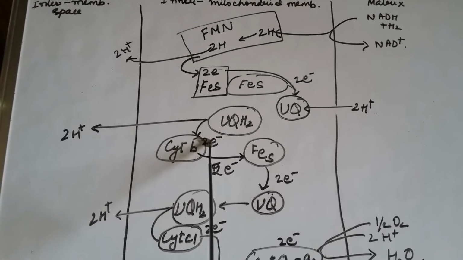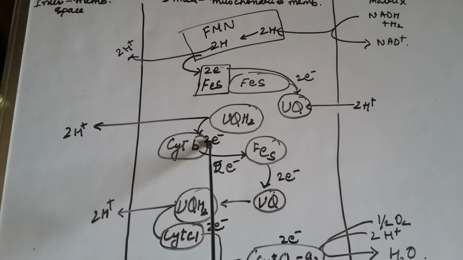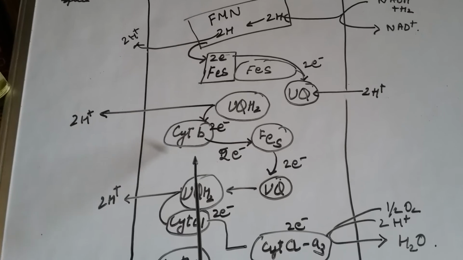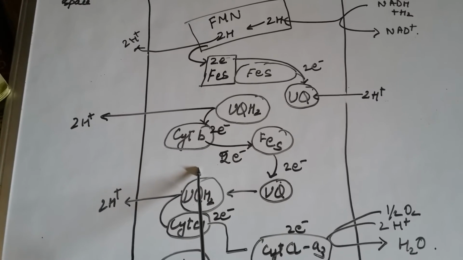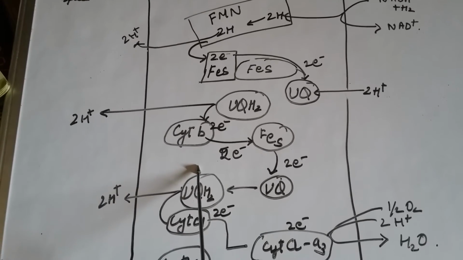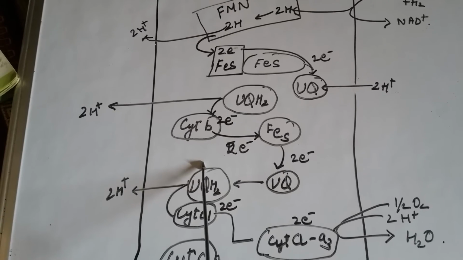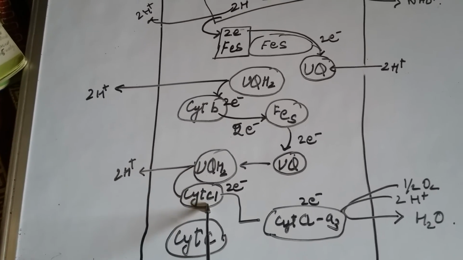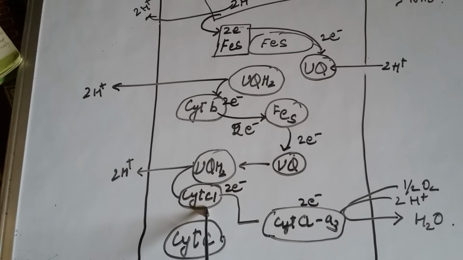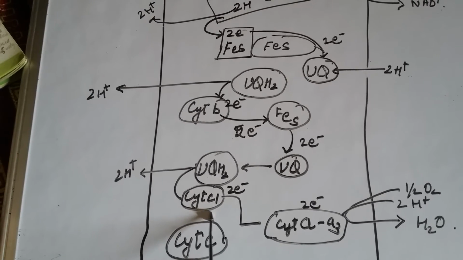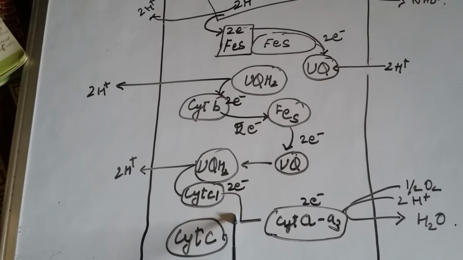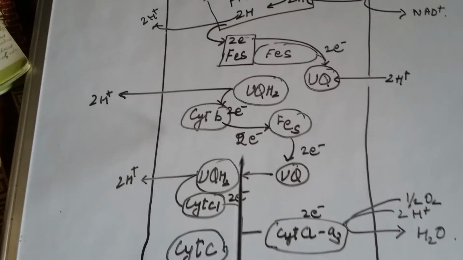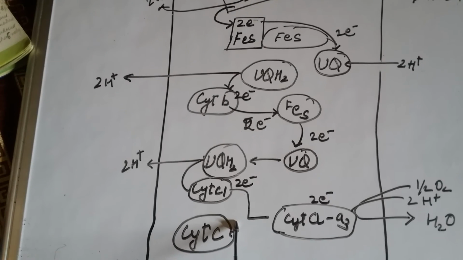Now, the reduced ubiquinone is then oxidized with the transfer of electrons to the cytochrome b and cytochrome c complex, and cytochrome c is a small protein that is attached to the outer surface of the inner membrane, thereby acting as a mobile carrier for the transfer of electrons between complex 3 and complex 4.